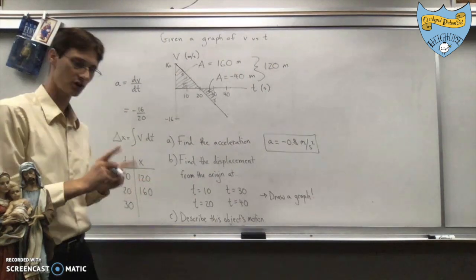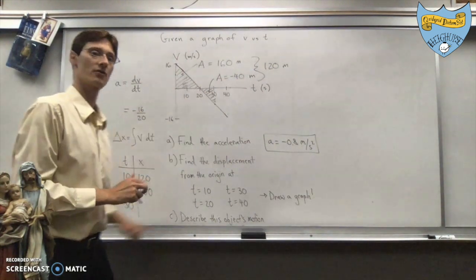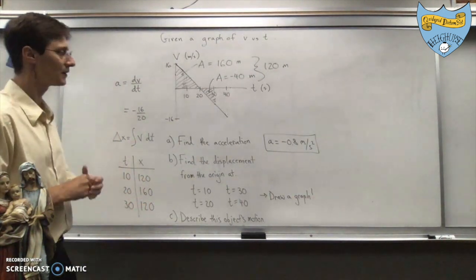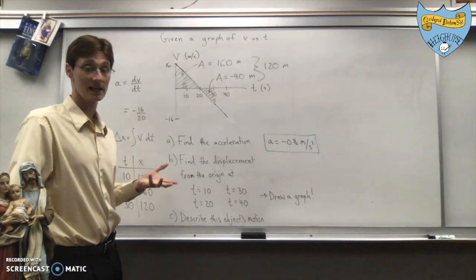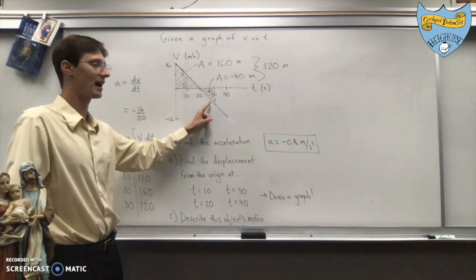So in other words, after 30 seconds, its position is now only 120 meters from the origin. If you think about what that must mean, it means that starting at this moment, it's now going backwards.